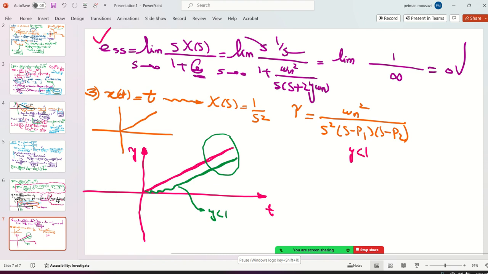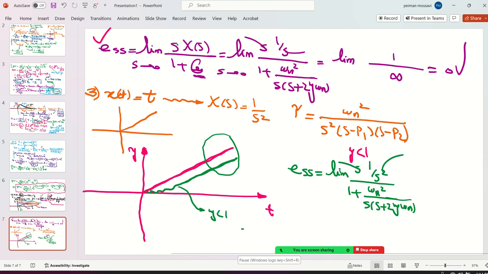No. Yes. Let's go to the final value theorem. Limit of s times X(s). X(s) here is 1 over s squared, over 1 plus G. G is the same, ωn² open loop transfer function over s(s + 2ζωn). One of the s with one of these goes away.